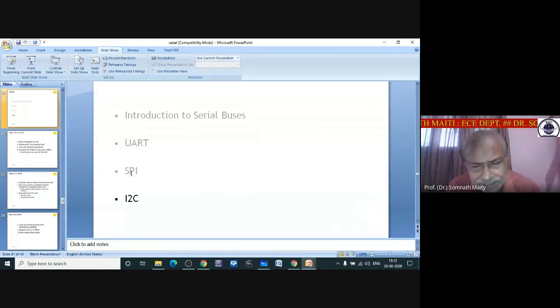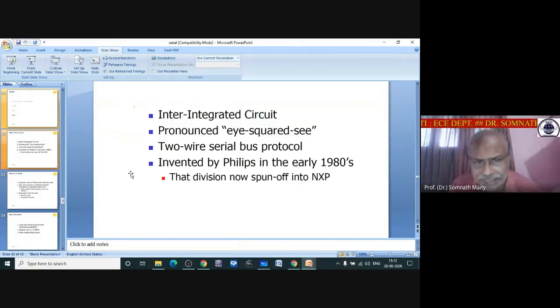this technology was developed by Philips. So this is inter-integrated circuit, I2C, inter-integrated. That means inter and intra. Intra means inside.